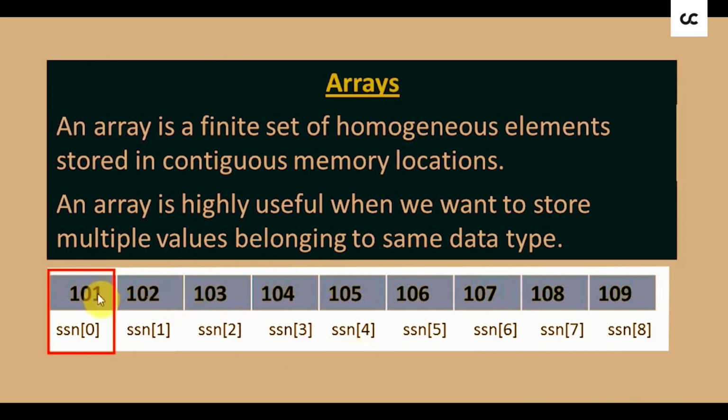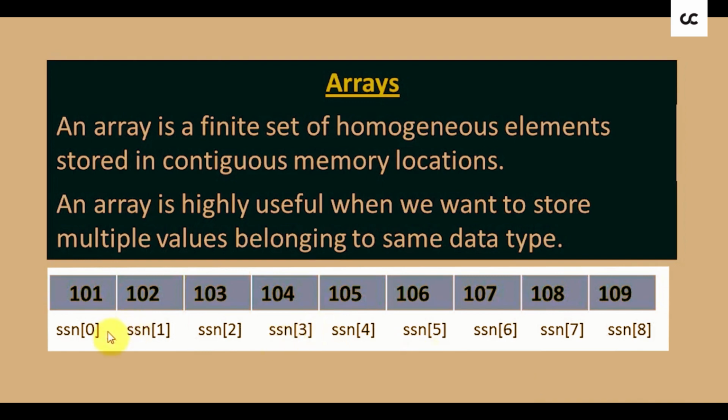So this is my first element, the element name is SSN0, value is 101. This is the second element, the name is SSN1, value is 102. This is the third element, the name is SSN2 and the value is 103, and so on.